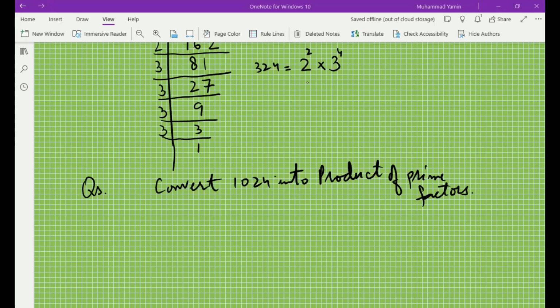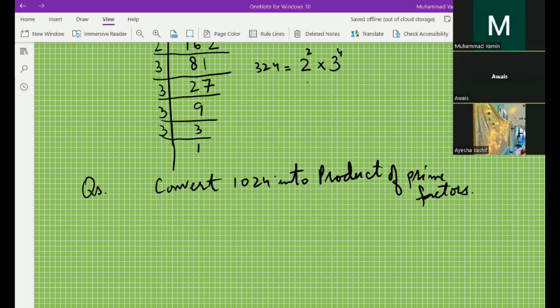Your time is nearly getting over. 3 students have got the answers. Okay, beta, stop writing. Okay, 4 students have given me the answer.